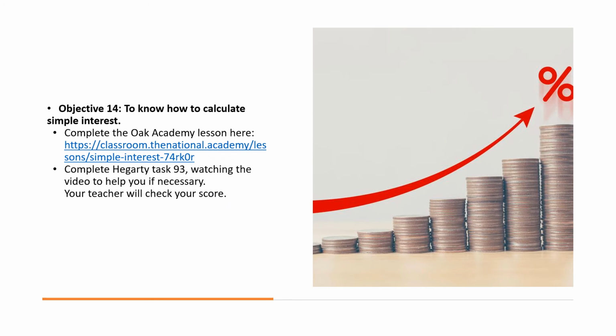And then finally, for all of those of you who are into making money, the last objective is about interest. Now, it's only simple interest. There's another type of interest that you'll be learning about further on in your time at Heybridge.